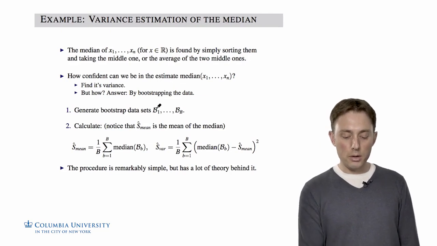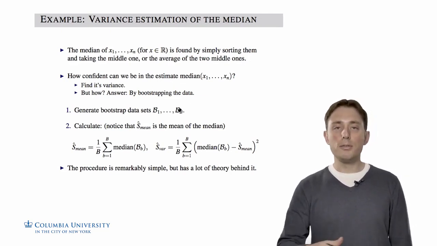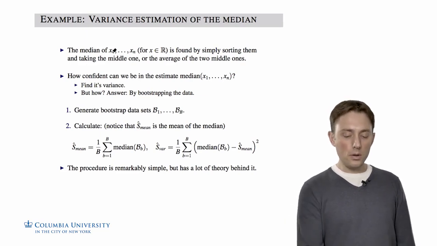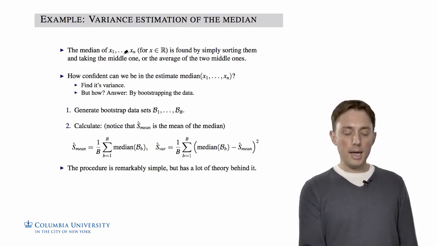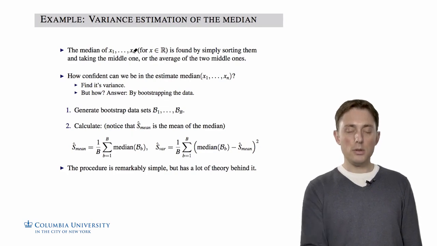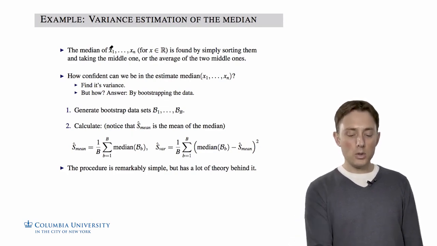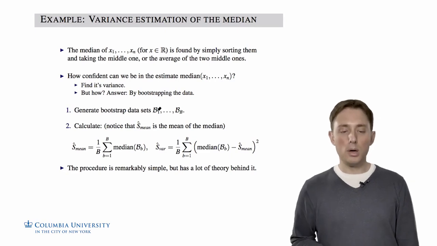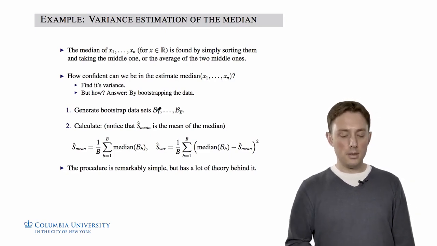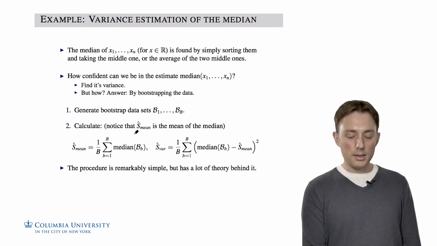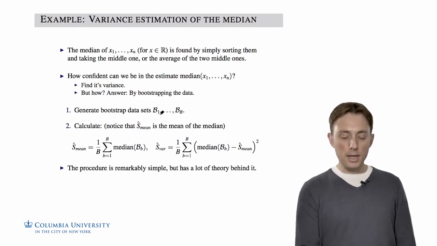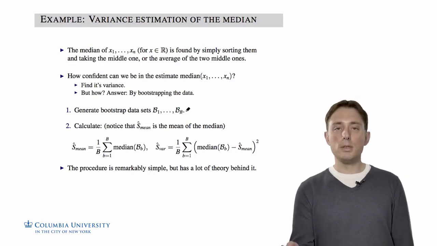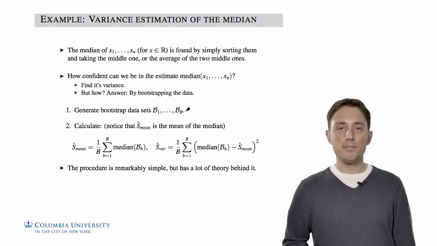What we do is we generate capital B different bootstrap data sets. For example, for B1, we simply pick n times from a distribution uniformly on our data. Again, some of these are going to repeat, and some of them are not even going to appear in B1, and we do it randomly. We then calculate the median of each individual bootstrap data set. And so we get capital B different estimates of the median.